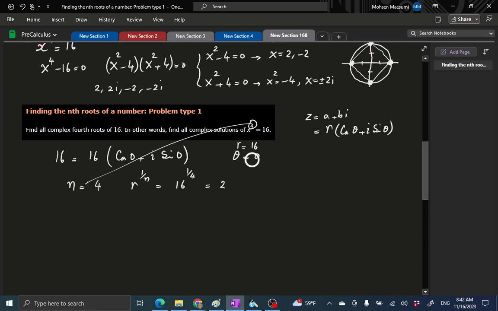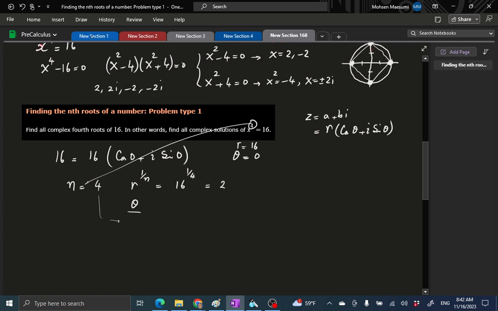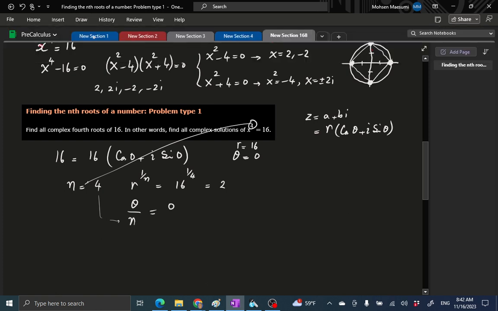Next, we take theta and divide it by 4. Theta divided by the same 4 that you had here. Let me write theta over n. So 0 divided by 4, of course, is 0. That is for the first vertex.